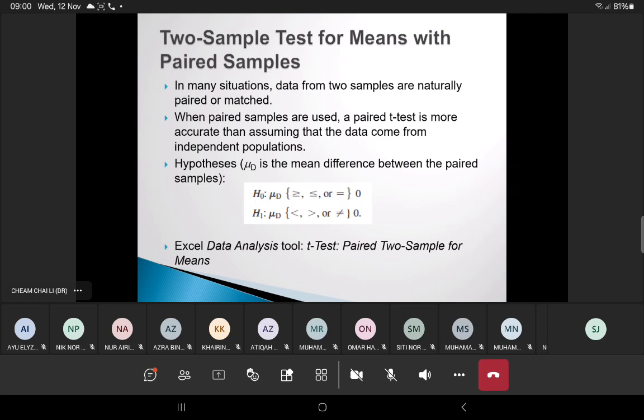In many situations, the data from the two samples are naturally paired or matched. When paired samples are used, a paired t-test is more accurate than assuming that the data comes from independent populations.